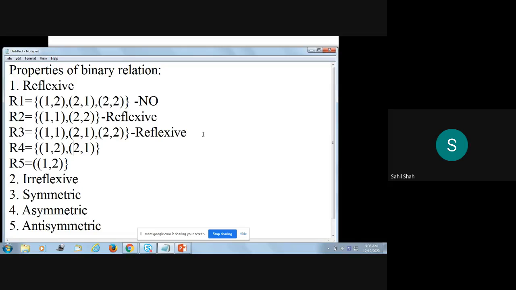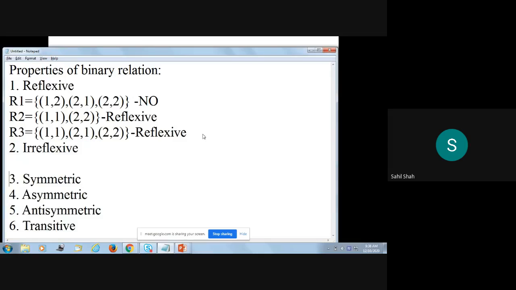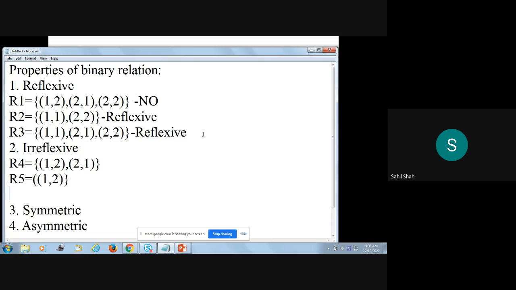Hence, I can say R4 is irreflexive as well as R5 is irreflexive. Is it fine? Am I clear?